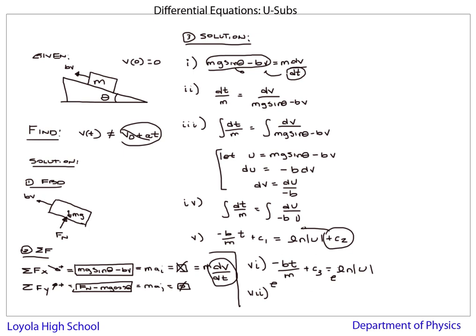So it's going to give me on this side u equals e to the minus b t over m times e to the c3. And a constant times a constant is really, again, another constant in disguise. So I'm going to call it c4.